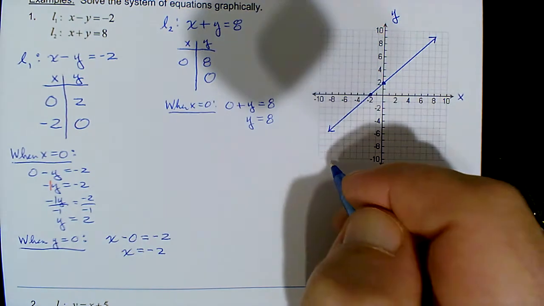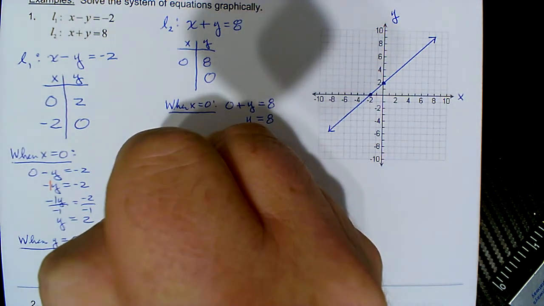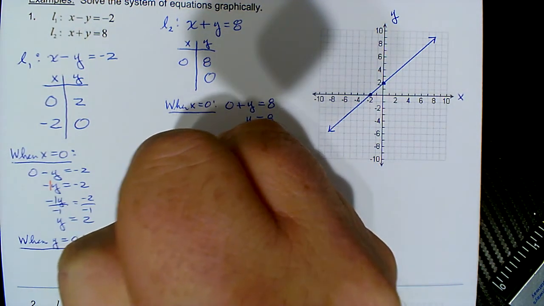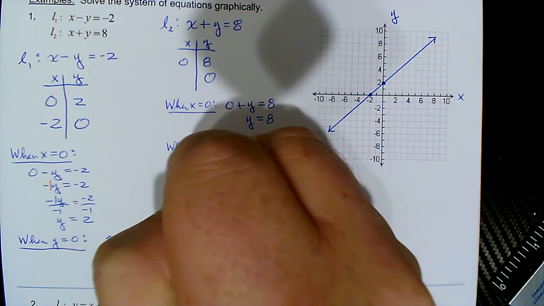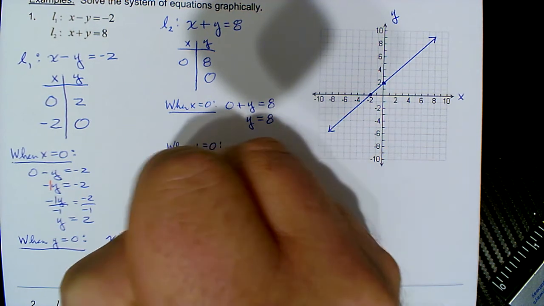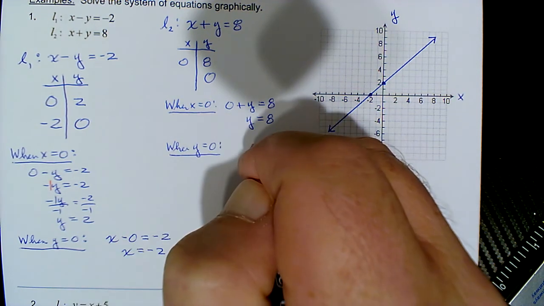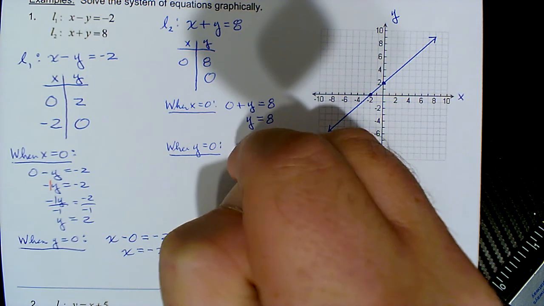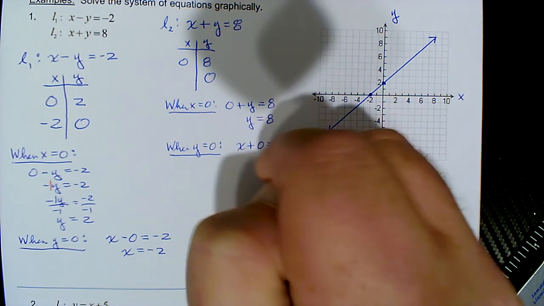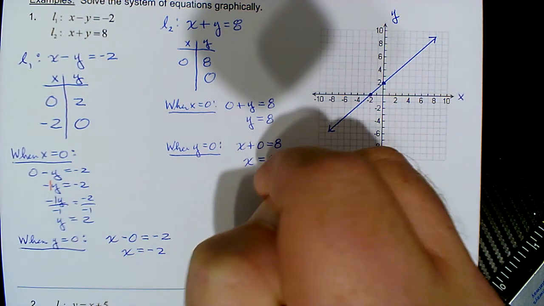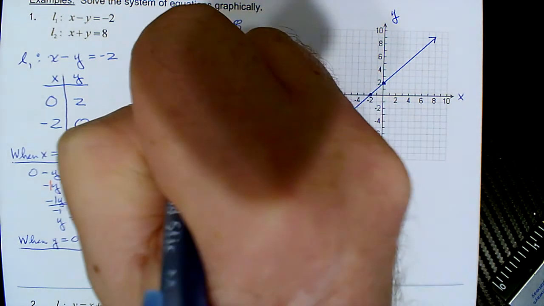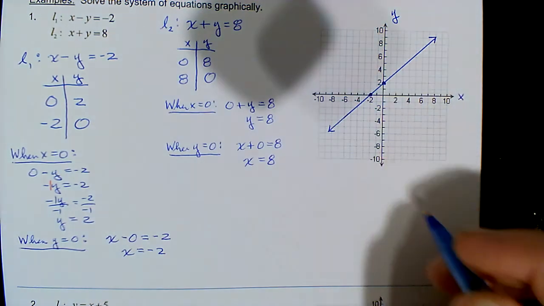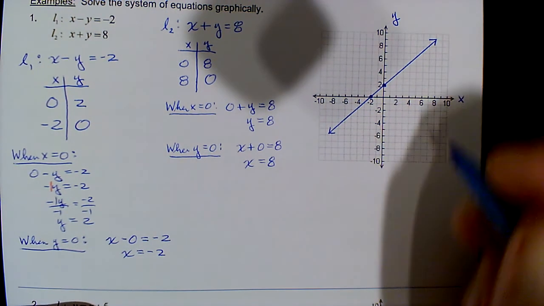But by inspection, you could say y is 8. And now we'll let y equal 0. And when y is 0, we get x plus 0 equals 8. And again, kind of silly to even show the substitution, because by inspection, x is 8. Okay, so we have 0, 8, and 8, 0.